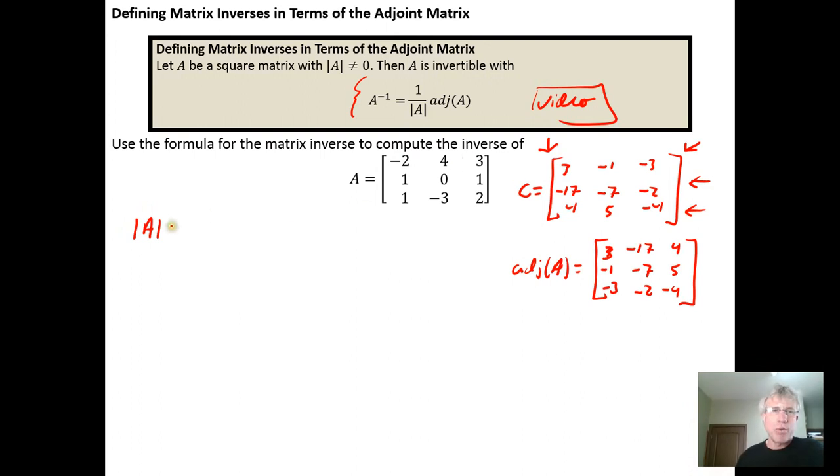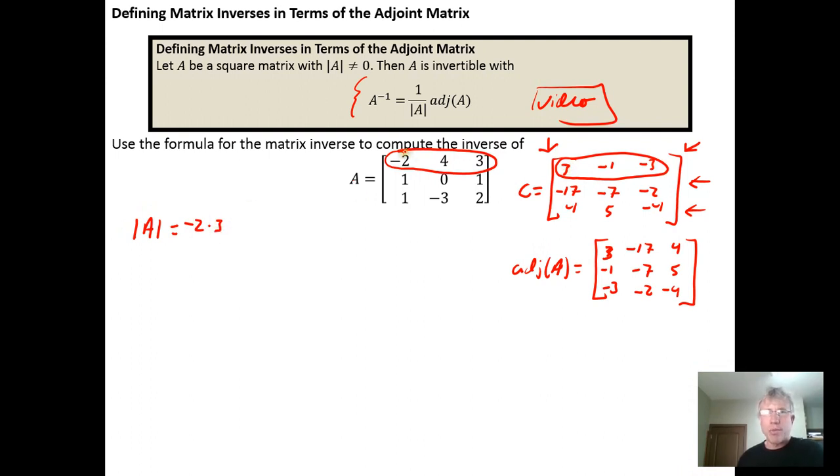So for example, if I choose to find the determinant of my matrix A using row 1, then I'm going to look over here and say, hey, I have the cofactors that go with each of these elements in row 1. So I can take the row 1 column 1 element times its cofactor, which is 3.